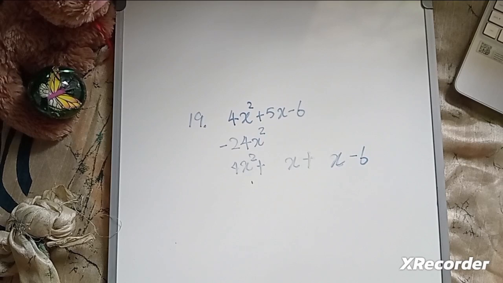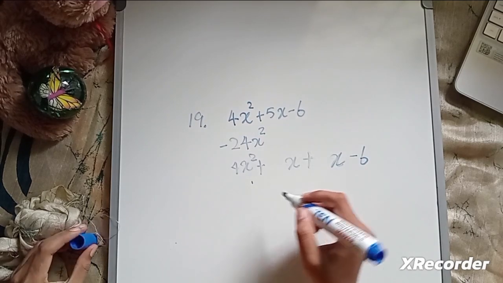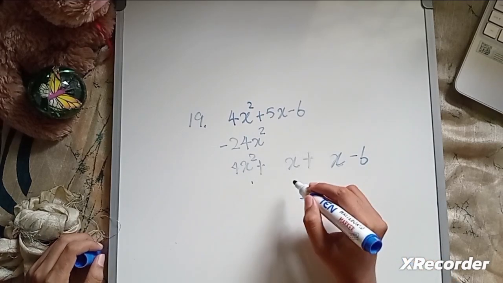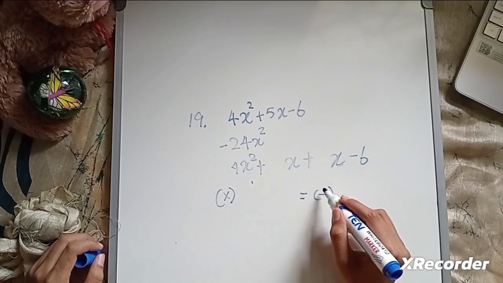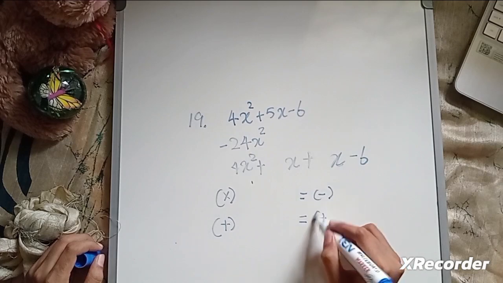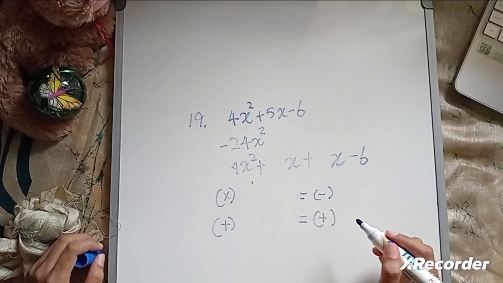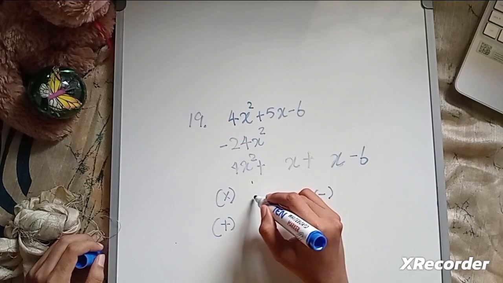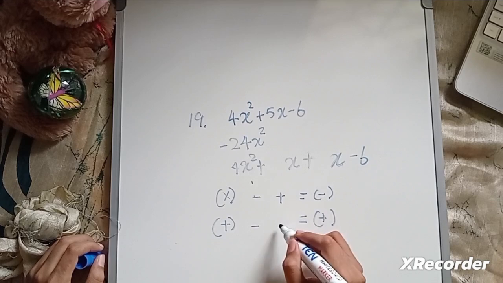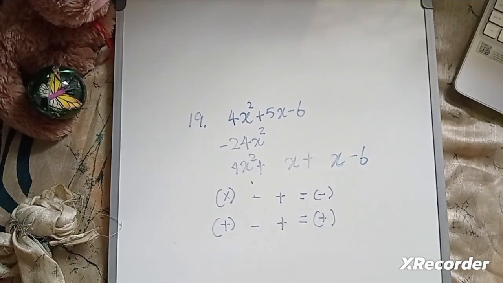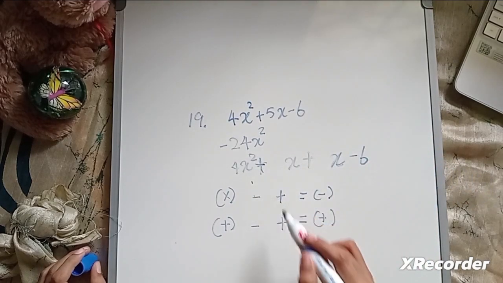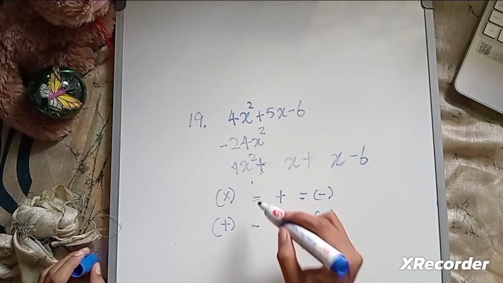So you can think, in multiplying, we want to get a minus value for the answer. In addition, we want to get a plus value. So with this we can think these terms, one term should be plus and one term should be minus.